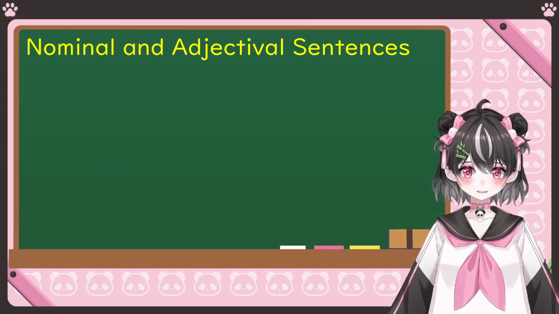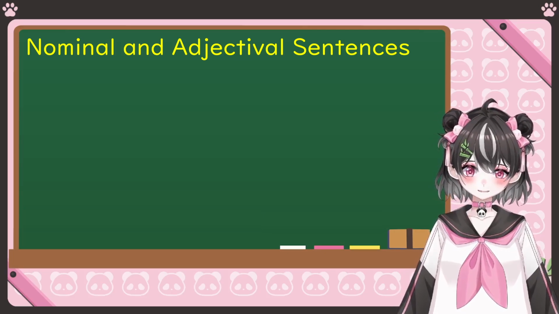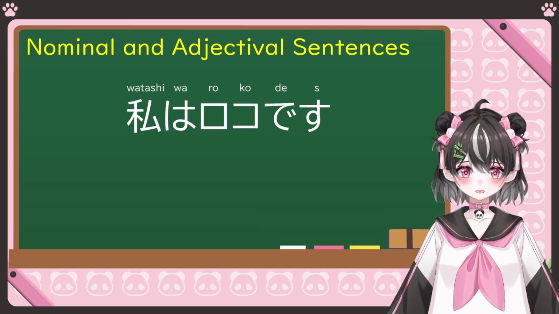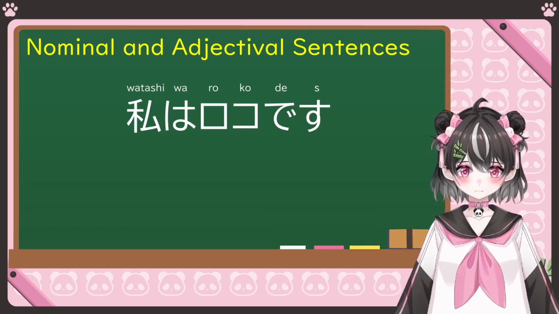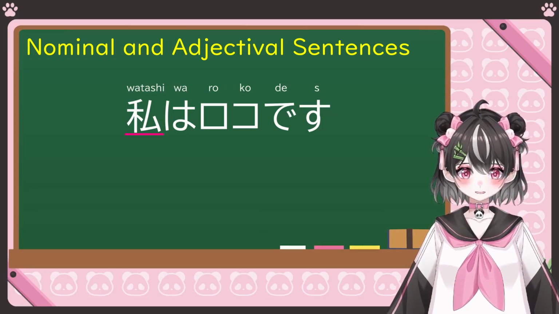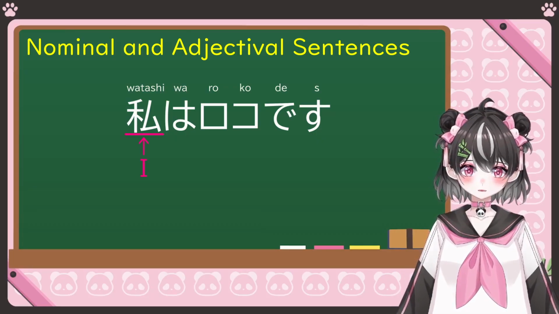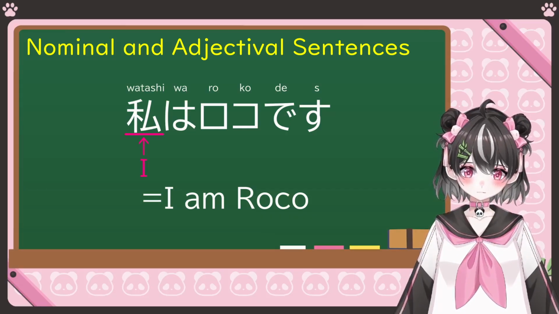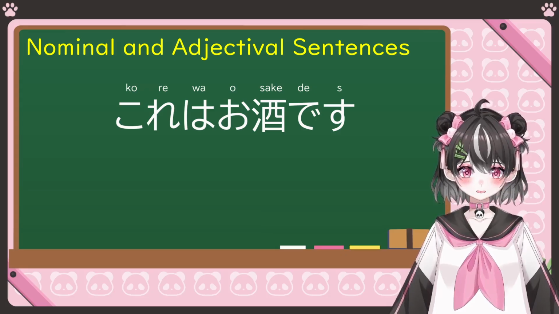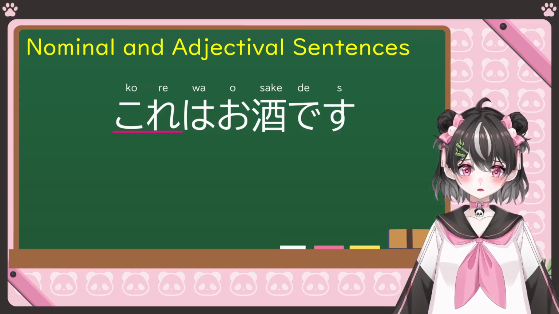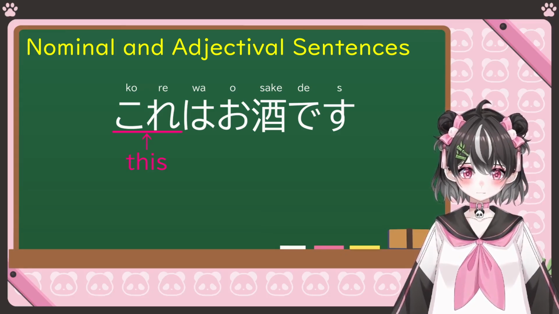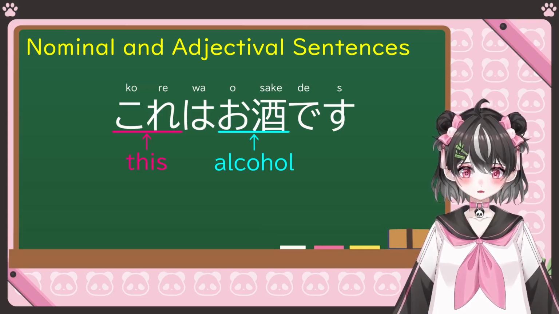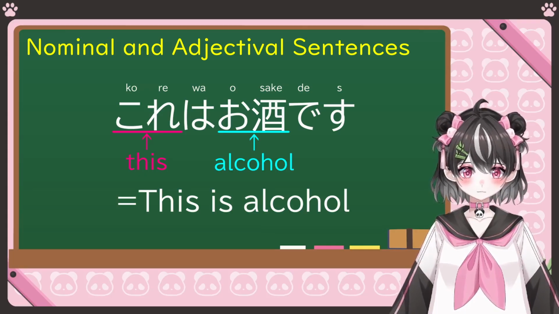Okay, now let's check out some example sentences. 私はロコです. 私 is I, so this is I am Roco. Another example. これはお酒です. これ is this, and お酒 is alcohol, so this is alcohol.